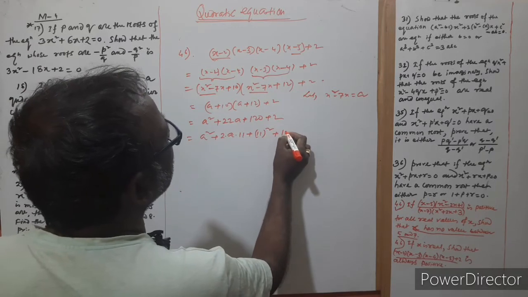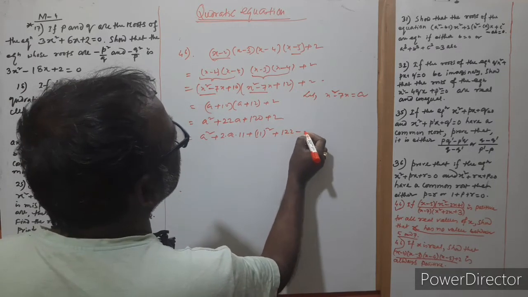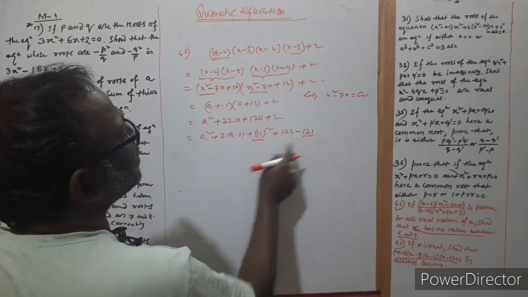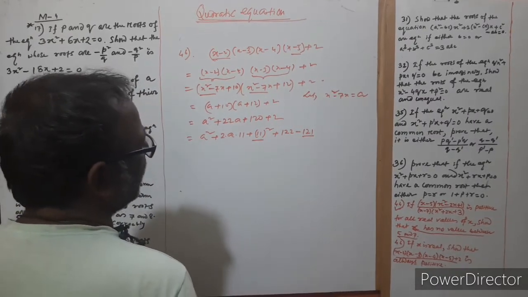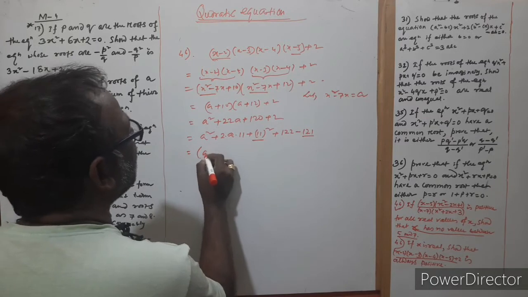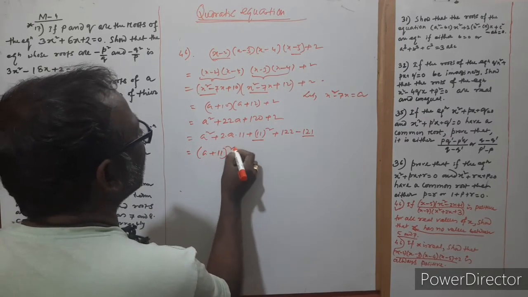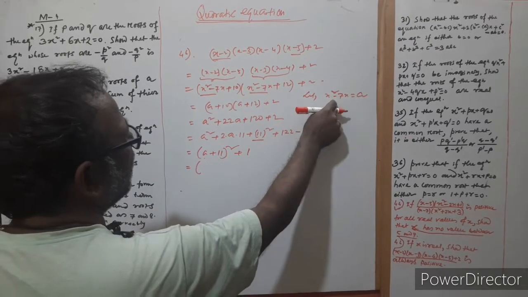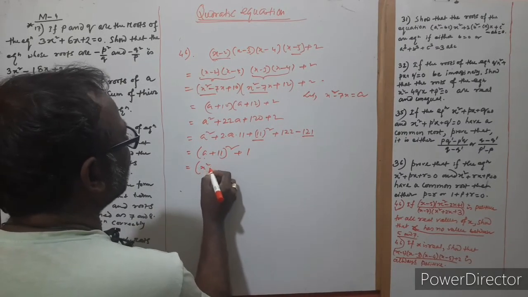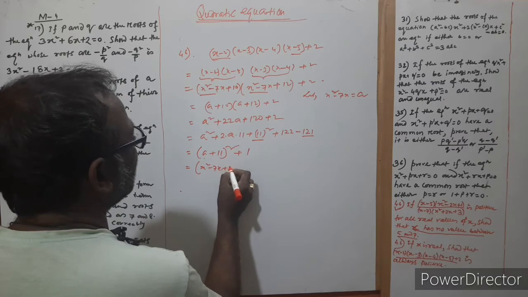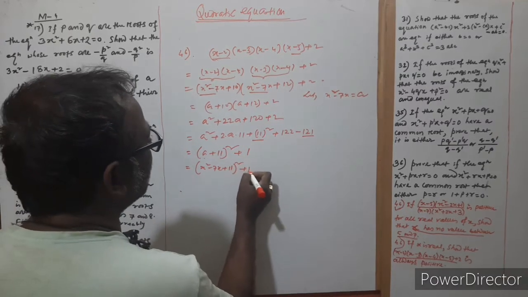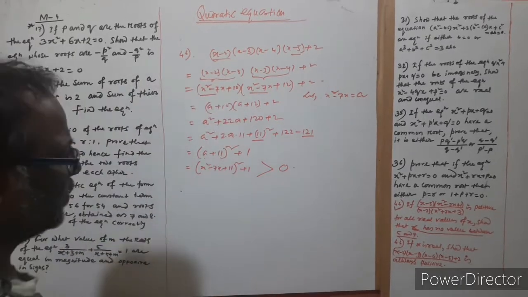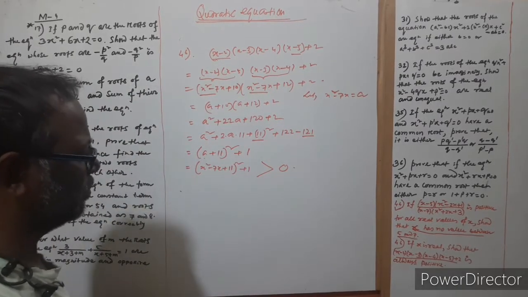So here 122 minus 121. Actually we added this here, so this is balanced. Now a plus 11 whole square, and this is plus 1. Now the value of the expression in terms of a is x square minus 7x plus 11, whole square, plus 1. So this is positive, which shows that the given expression is positive. Proved.